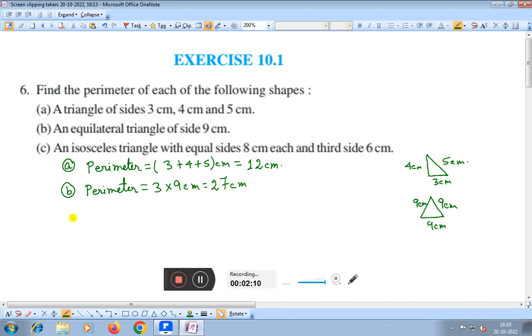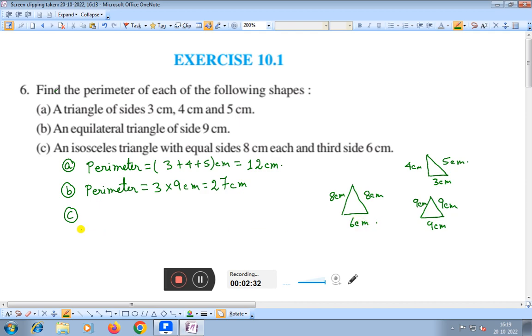Right. Now question number C. Question number C is an isosceles triangle with equal sides 8 centimeter and third side is 6 centimeter. This is an isosceles triangle, right? Two sides are 8 centimeter, 8 centimeter, and the third side is 6 centimeter.